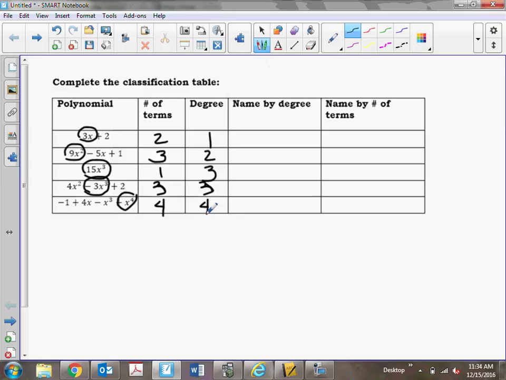So if we take a look at the first one, it has a degree of 1, and it has 2 terms. So we would call this a linear binomial. The next one has a degree of 2 and 3 terms. So we would call this a quadratic trinomial.